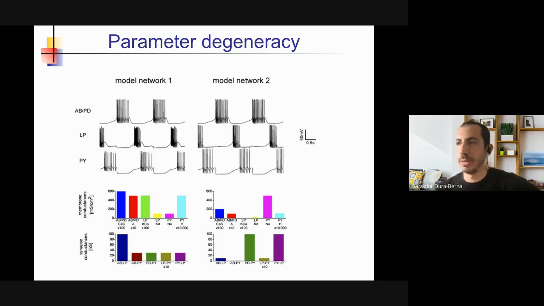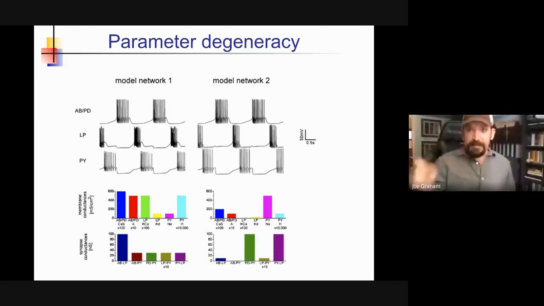Many different parameter combinations lead to the same results. So this is from the stomatogastric cell, I don't remember the species exactly, but she had some experimental data, and she found many different combinations of parameters in the model that resulted in the same dynamics that you can see at the top.